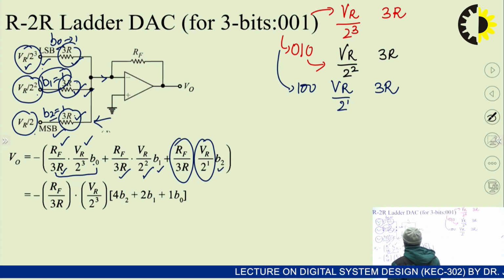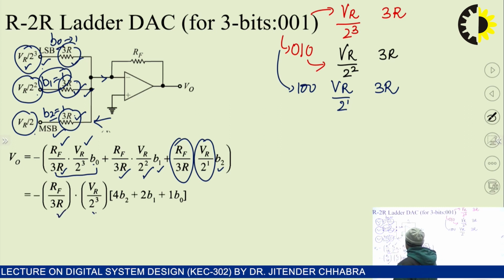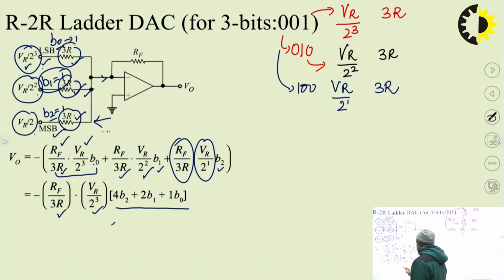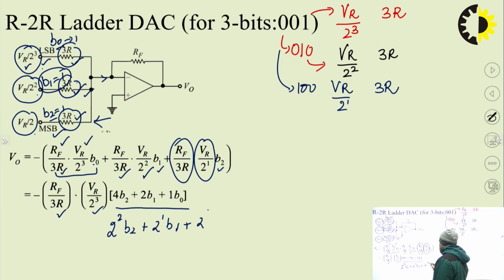So this is the overall expression, and if I take RF upon 3R and VR upon 2 cube common from this expression, inside the bracket I am left with 2 raised to power 2 into B2, 2 raised to power 1 into B1, and 2 raised to power 0 into B0.